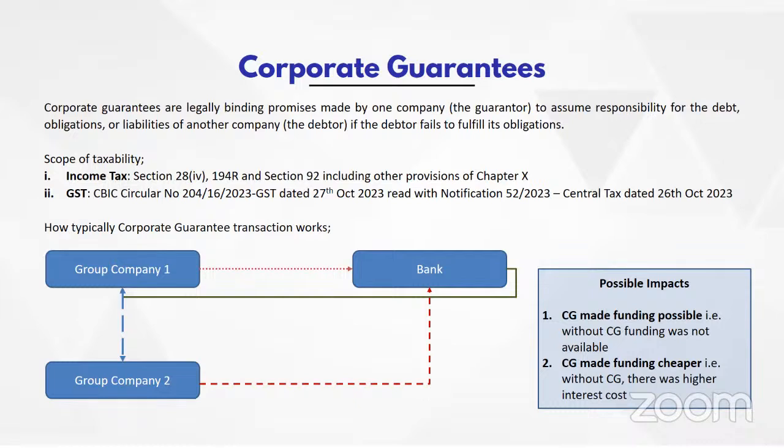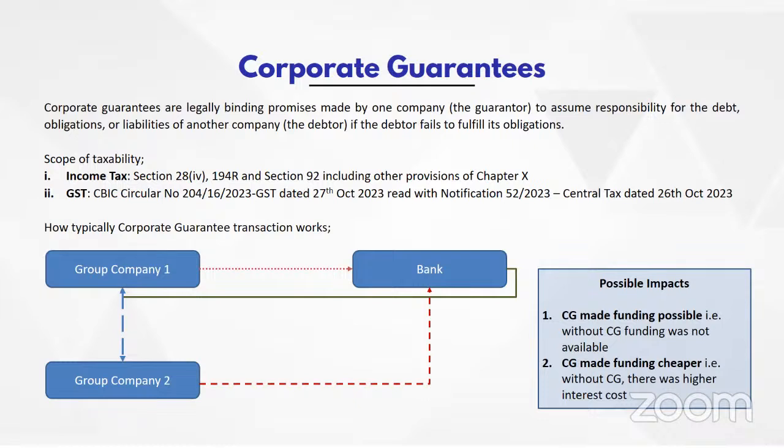In such cases, we say technically there is no benefit to company one, that is the subsidiary company. The reason is it is more in the nature of a shareholder activity. As a holding company, I could have infused the capital and protected the investment I have already made. Instead, the route I have taken is giving a guarantee to the bank. So no service to company one, no benefit to company one. Instead, it is a benefit to myself. So there would not be any charge.